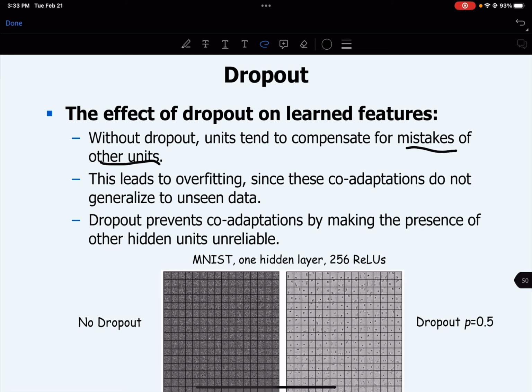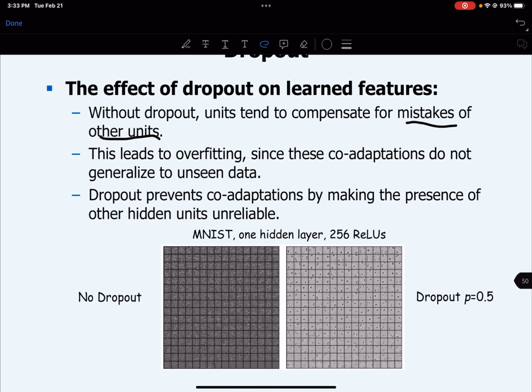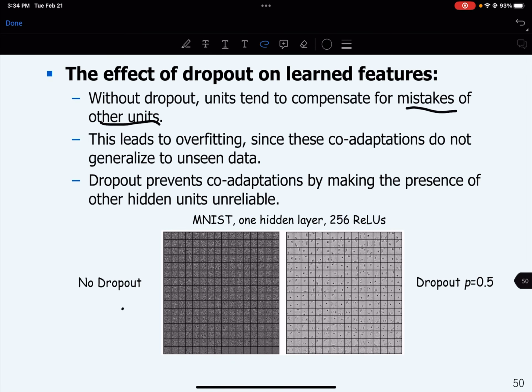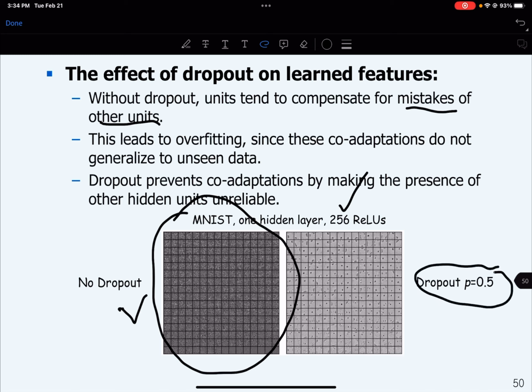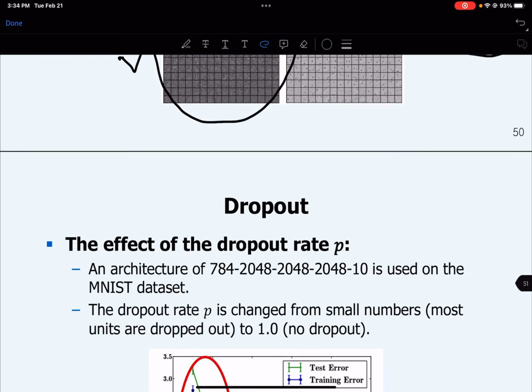Dropout prevents these co-adaptations by making the presence of other units unreliable. So with no Dropout, you can see the results on the MNIST dataset with 1 hidden layer and 256 ReLU units. But in case of Dropout of 0.5, we can say the network is able to learn the important features in the network. So Dropout is a good way of addressing the overfitting problem.